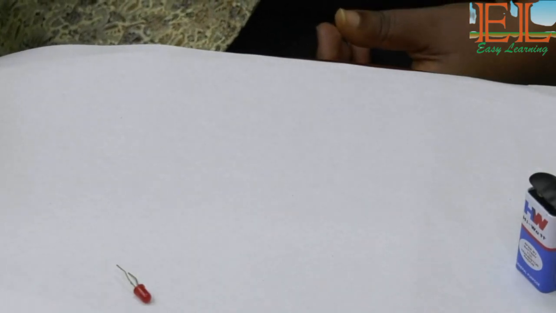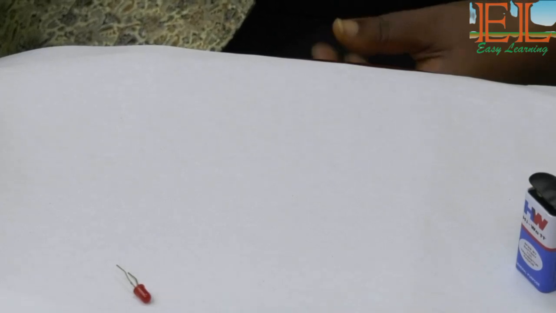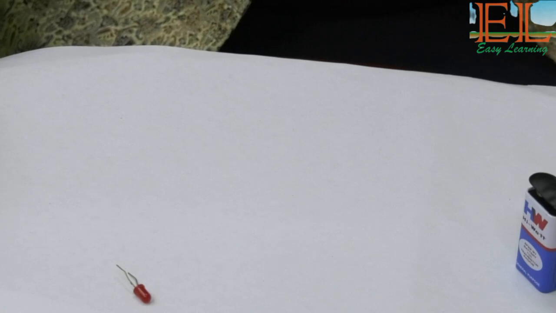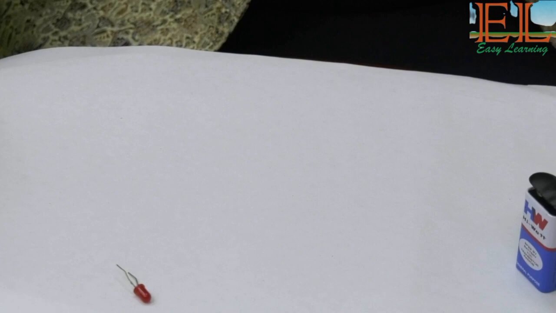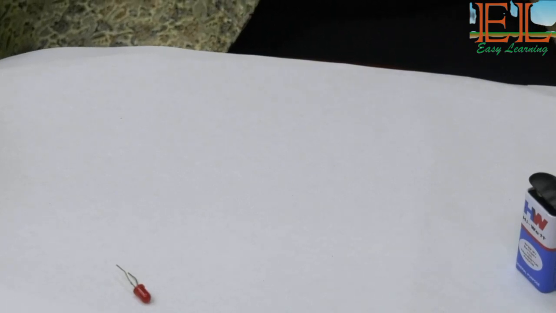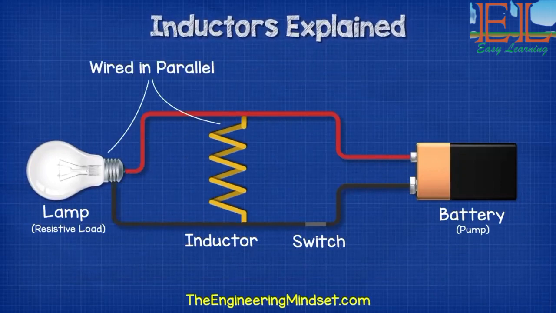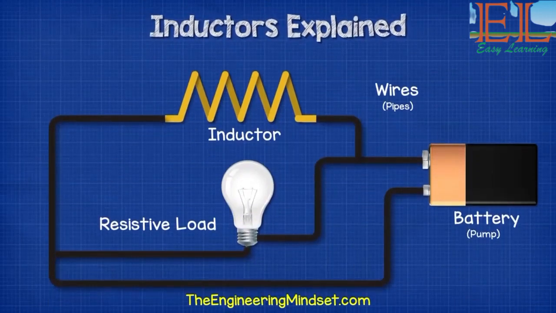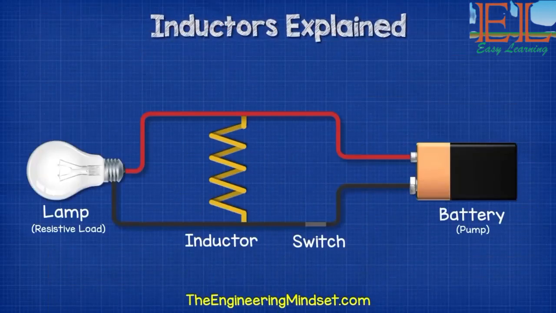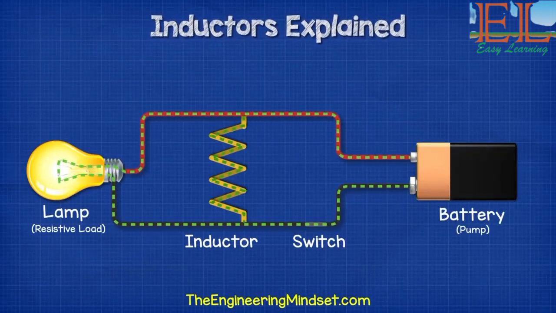Now we want to see how inductors behave in a circuit. For the purpose of our lesson and understanding exactly what happens when an inductor is placed in a circuit, let's watch this video. We get a very similar scenario when we connect an inductor in parallel with a resistive load such as a lamp. This is the same circuit as we just saw, but I've just wired it more neatly. When we power the circuit, the electrons are going to first flow through the lamp and power it.